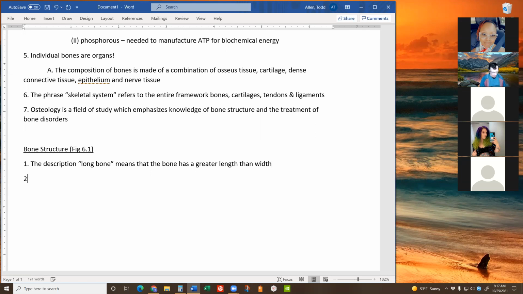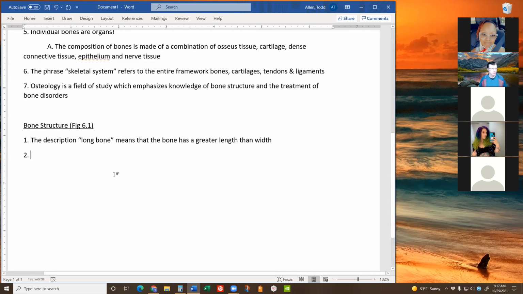All right, we're going to start defining some of these structures we see in figure 6.1. So let's talk about the main body or shaft of the bone. That would be the middle section of the bone along the left-hand side of figure 6.1. You can see the term diaphysis.